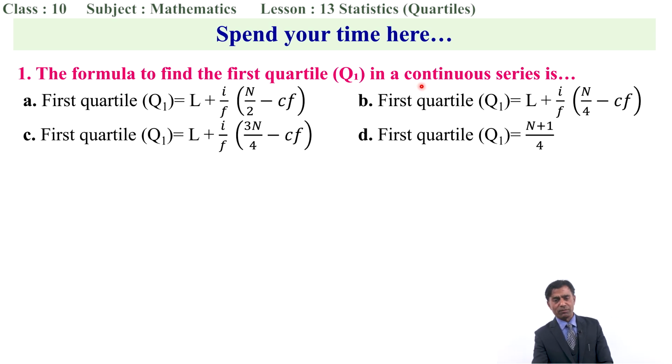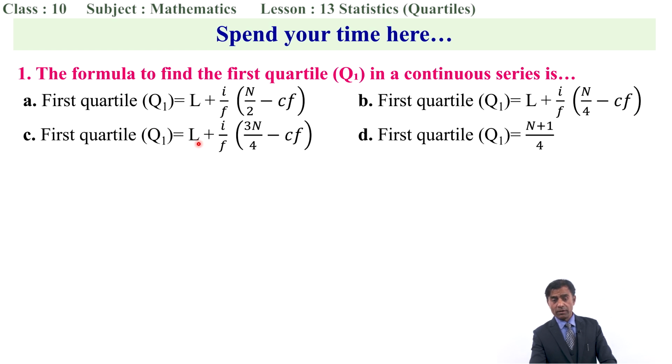So the Q1 formula: option A, option B, option C, option D. Let's go through each option and select the right one. Option A: Q1 is equal to L plus I by F times n by 2 minus CF. Option B: Q1 is equal to L plus I by F times n by 4 minus CF.